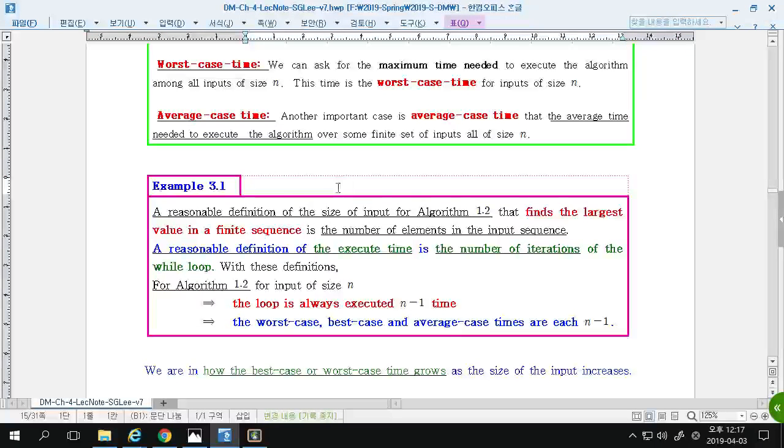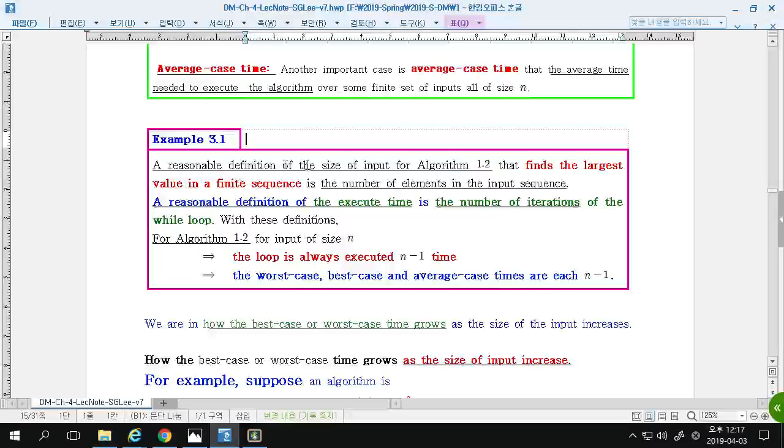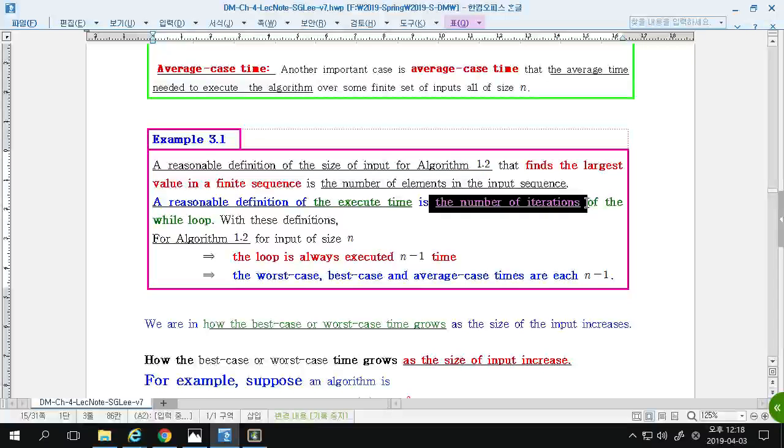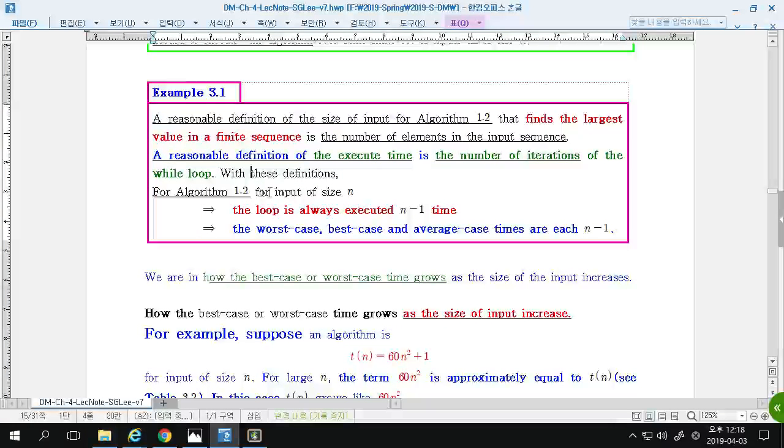Here is an example, 3.1. A reasonable definition of the size of input for algorithm 1.2, which we covered in section 4.1, finding the largest value in a finite sequence, is the number of elements in the input sequence. The reasonable definition of execution time is the number of iterations of the while loop. With this definition, for algorithm 1.2 with input of size n, the loop is always executed n-1 times.